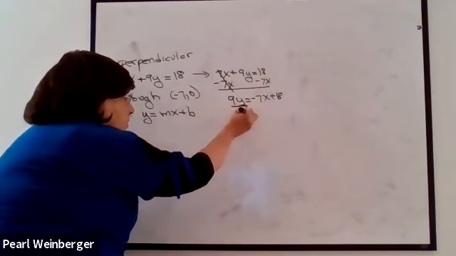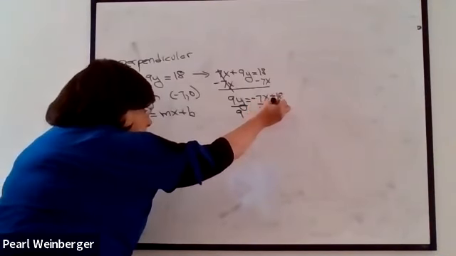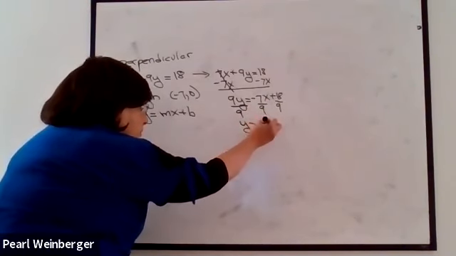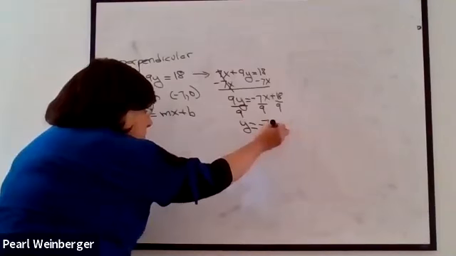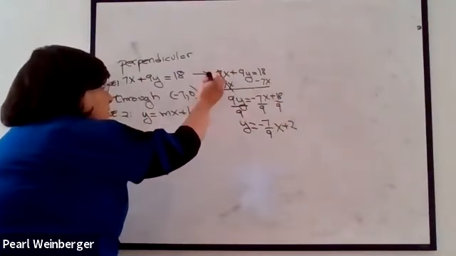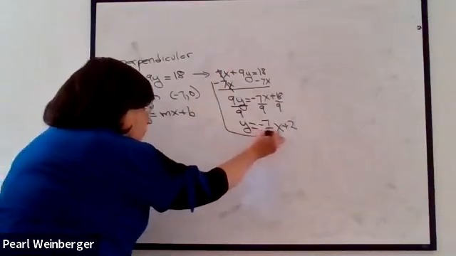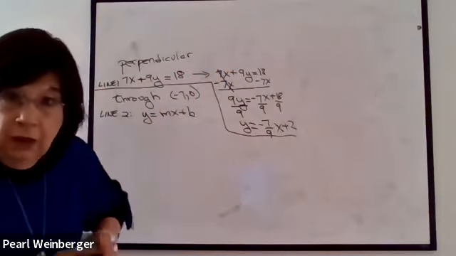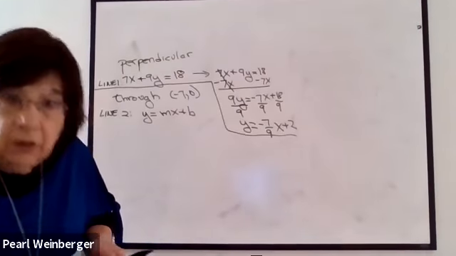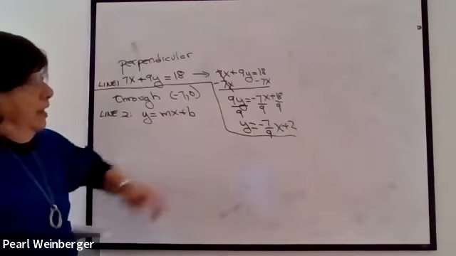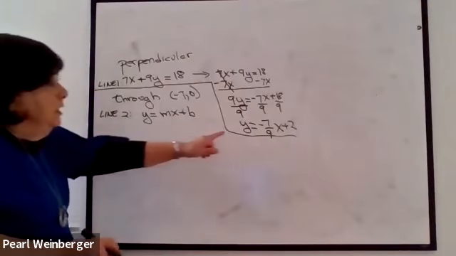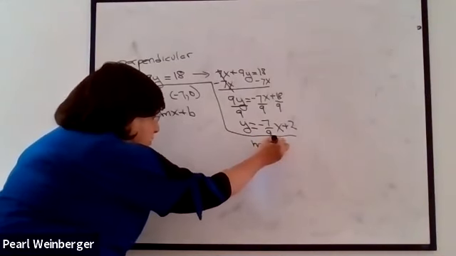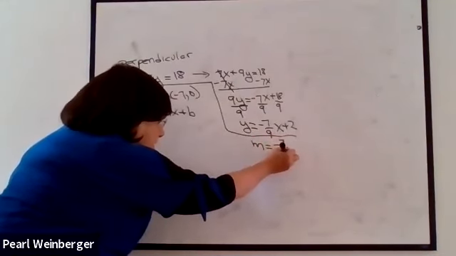And then I'm going to divide everything by 9 so that in the simplest form, I get y equals negative 7 over 9x plus 2. This is the equation of line 1, the original line that they gave me, which means the slope of my original line is negative 7 over 9.